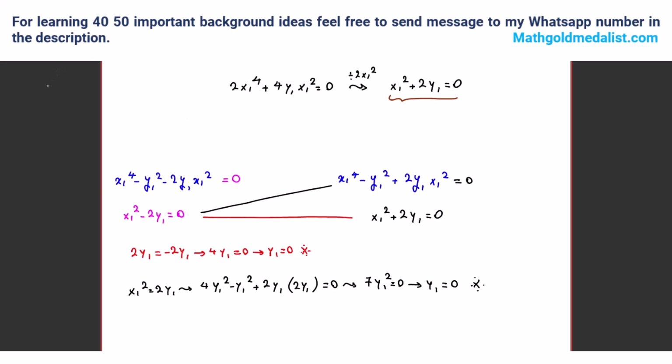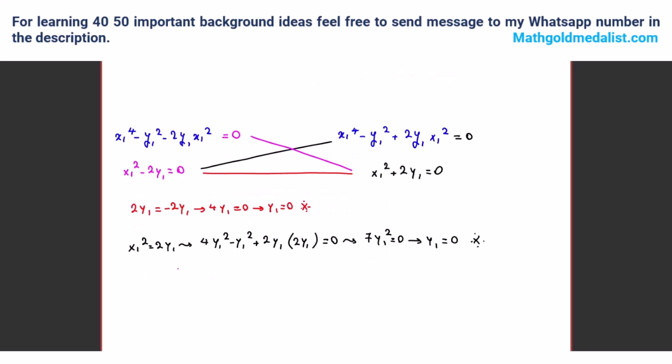Now let's consider this one. Again, by a similar approach, x1 squared from here is negative 2y1, and if you replace it here, it's 4y1 squared minus y1 squared minus 2y1 minus 2y1 is equal to 0. So again, 4 plus 4, 8 minus 1, 7y1 squared is equal to 0.